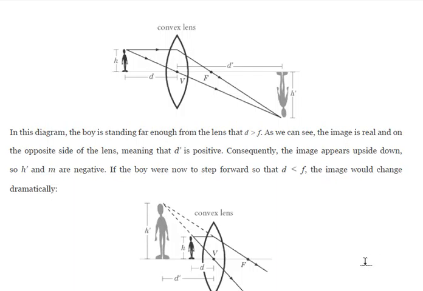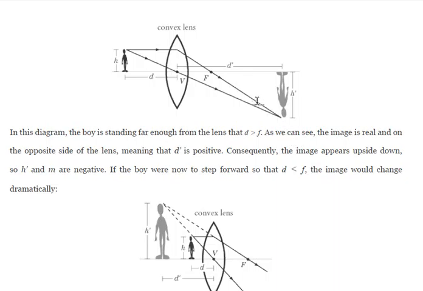So you can see an example here in this diagram. We have the boy standing far enough away from the lens that his distance is greater than the focal length of the lens. So he's standing outside the focal length. So as we can see, this image is real.